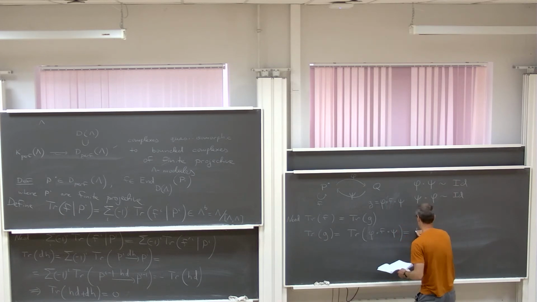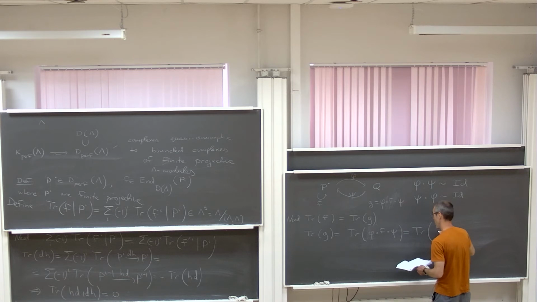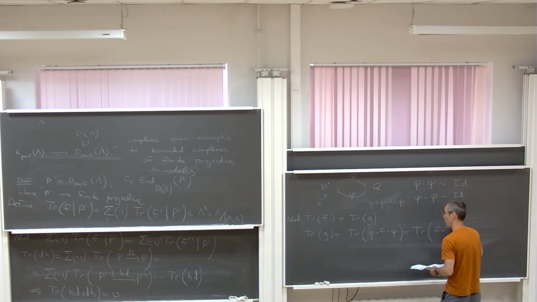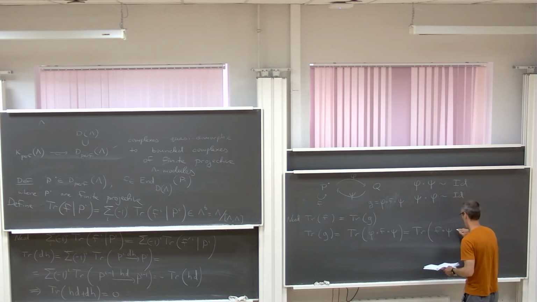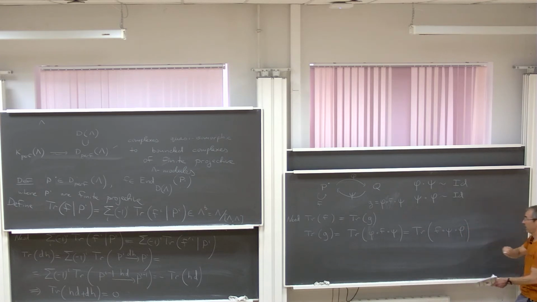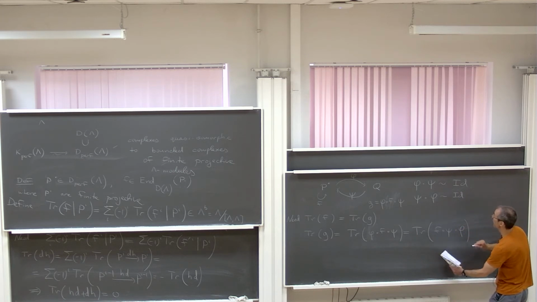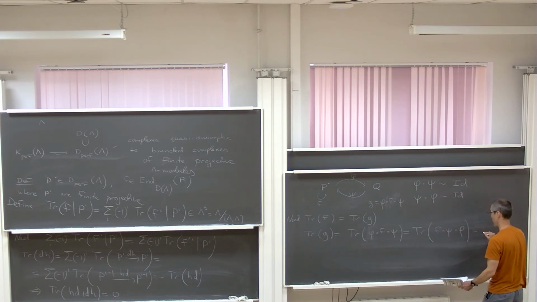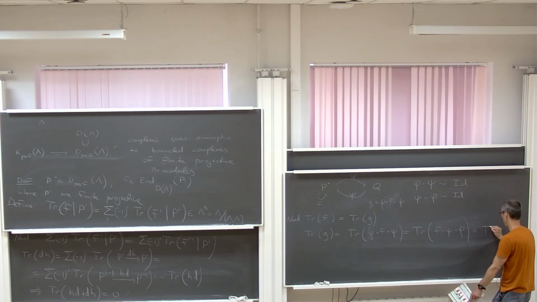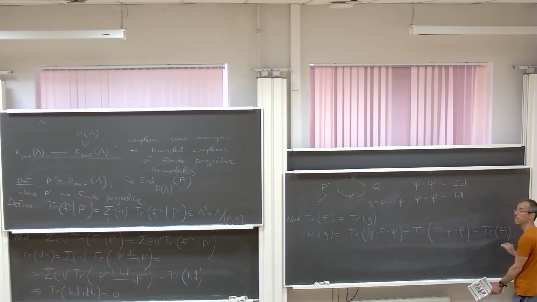So this is the same as the trace of F composed with psi composed with phi. And now this is homotopy equivalent to the identity. So that means that the whole composition is homotopy equivalent to F. And therefore, by what we already proved, this is the trace of F. And this completes the proof.